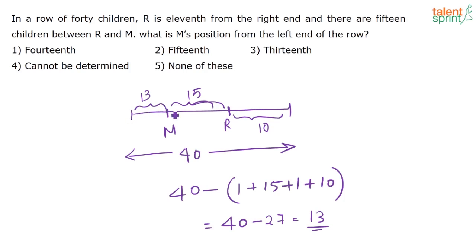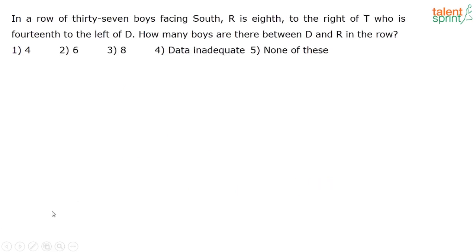If there are 13 people on this side, M will be the 14th person. 40 minus 27 plus 1, that is 14. Option 1. I hope this was clear to all of you. Just draw the diagram and represent it correctly, you will get the answer. There are 13 people before M, that's what we found out, so M is going to be 14th. All of you have got the answer correctly, I don't see any issue. So let's move on to the next question.